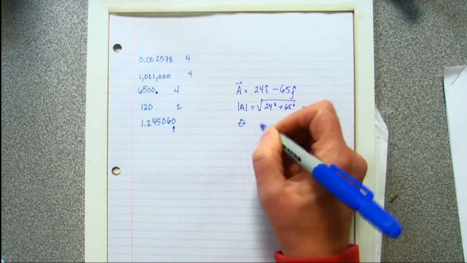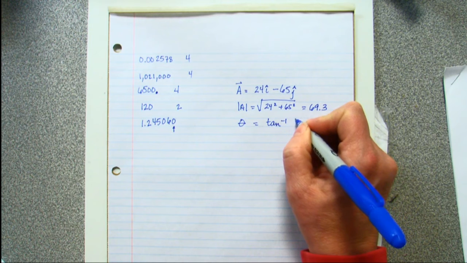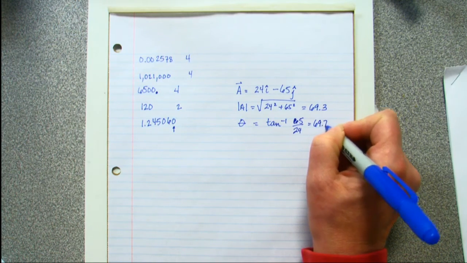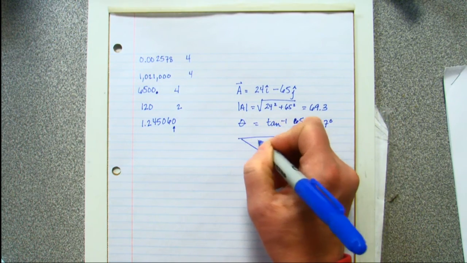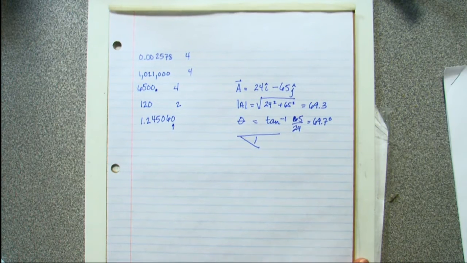The angle was going to be the tangent of 65 divided by 24, which gives me 69.7 degrees, and we asked for it like that so you didn't have to get it. The most common mistake on that problem, you only gave me magnitude, not magnitude and direction, or you gave me direction but didn't give me magnitude. That was the common error on that problem.